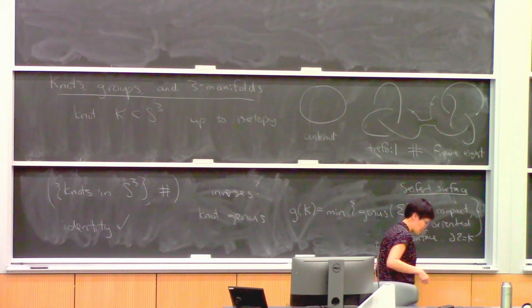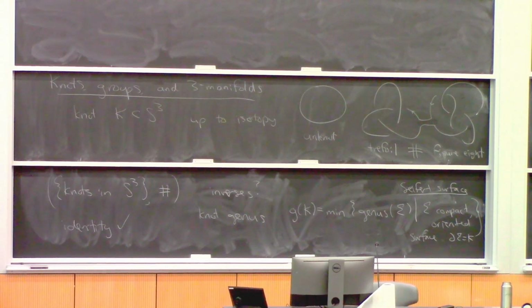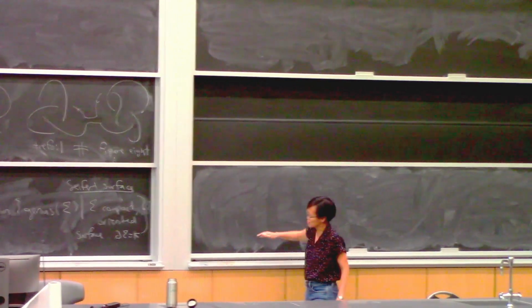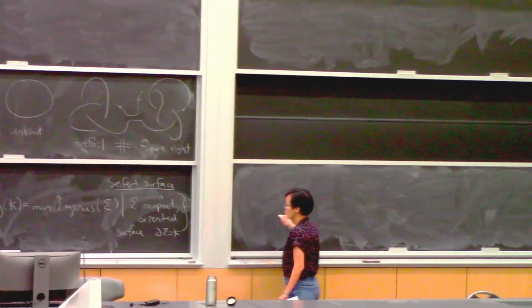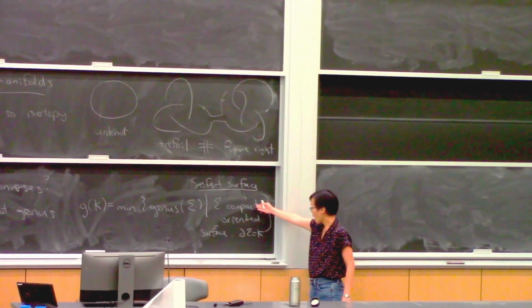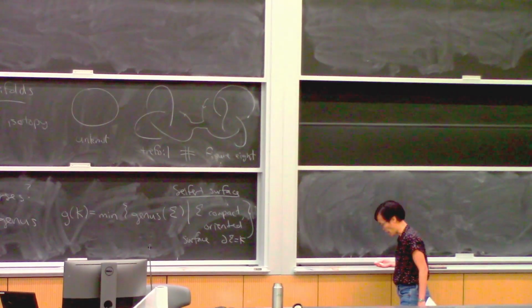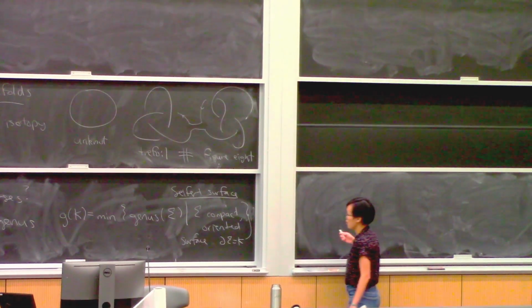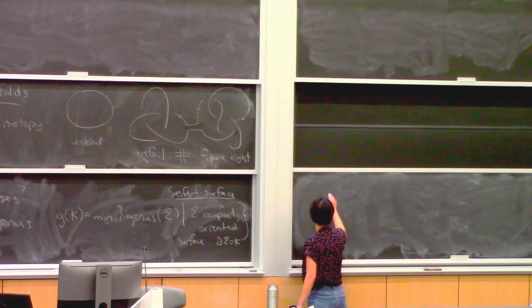Okay. So maybe it's been a little while since you've seen surfaces and you don't remember what the genus is. And in fact, maybe you're also confused because these surfaces have boundary. If we care about compact oriented surfaces without boundary, those are characterized up to homeomorphism by their genus, right?